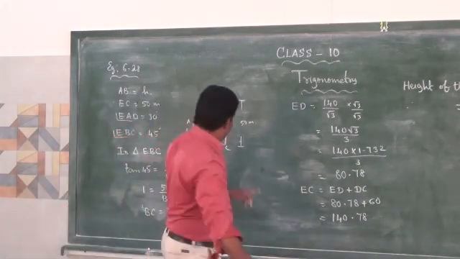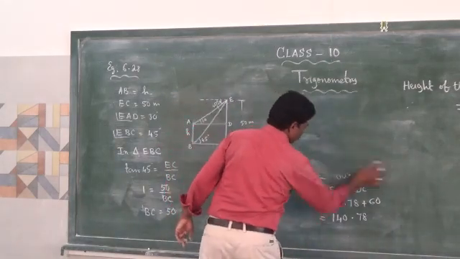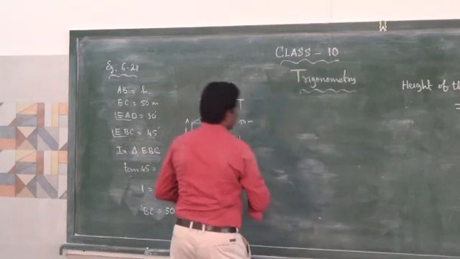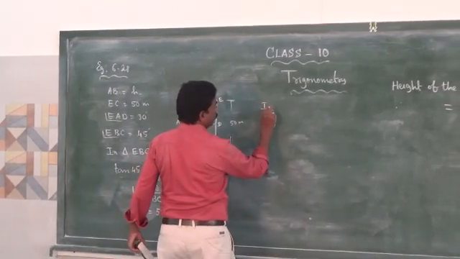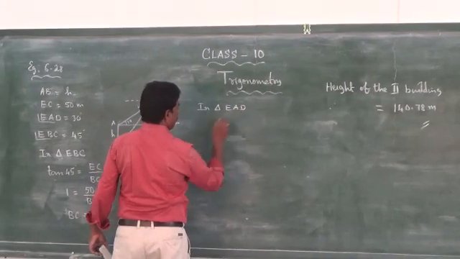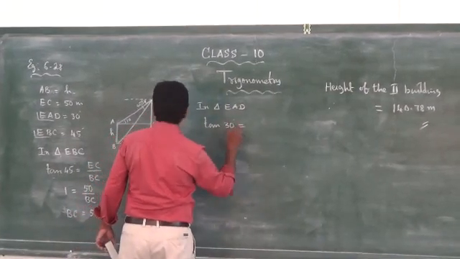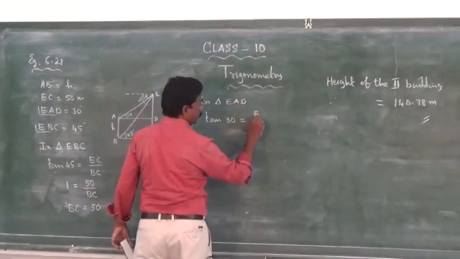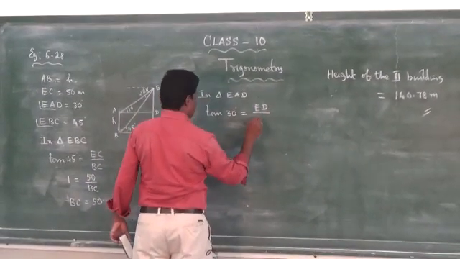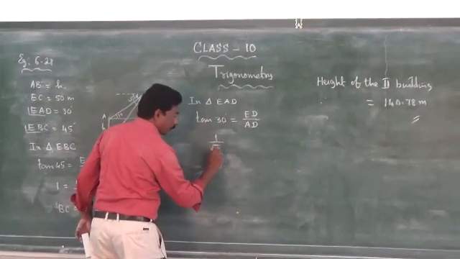Now if we take the triangle EAD, in triangle EAD, tan 30 is equal to opposite by adjacent. Here opposite is ED by AD. Tan 30 is 1 by root 3.